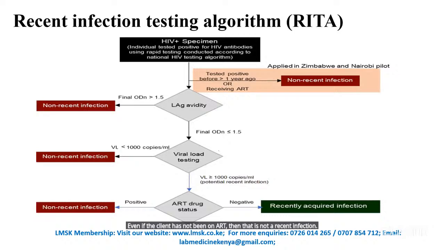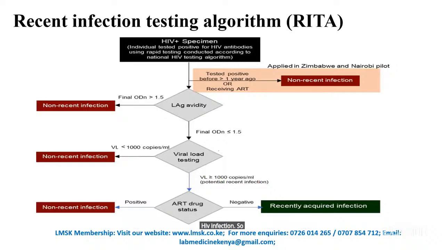Then lastly, we do the antiretroviral drug status, which is the drug metabolites. So if we do the drug metabolites and find it to be positive, then that is not a recent infection because the client has been exposed to ARVs. But if the ART drug metabolites test is done and it is negative, then that indicates the client has recently acquired HIV infection.